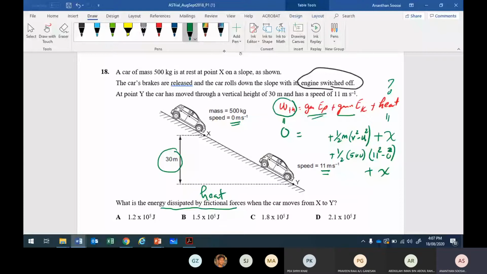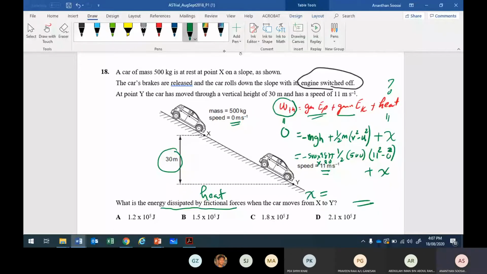Here there is no gain in potential, here we lose potential. So gain in potential is mgh, but must put negative because it is lost. The formula is gain, but gain is negative. So negative 500 times 9.81 times h. H is how much it drops: 30. So find your X.